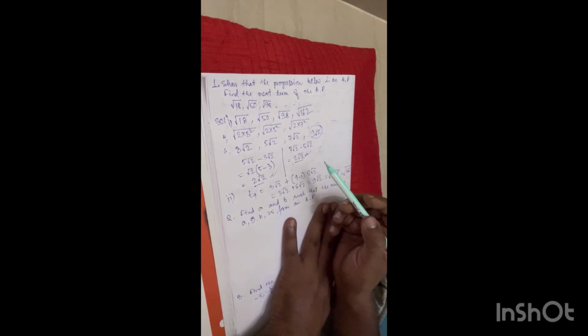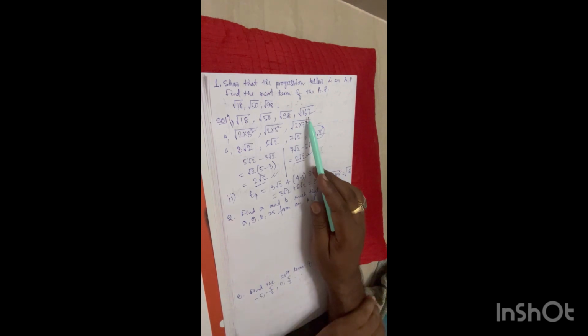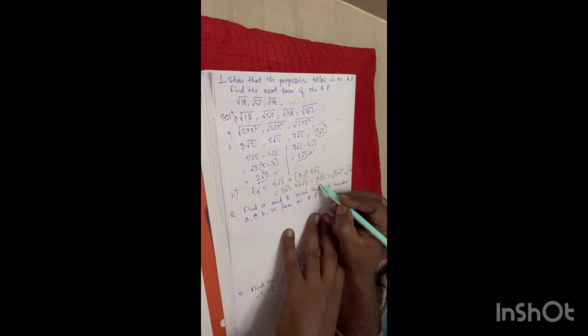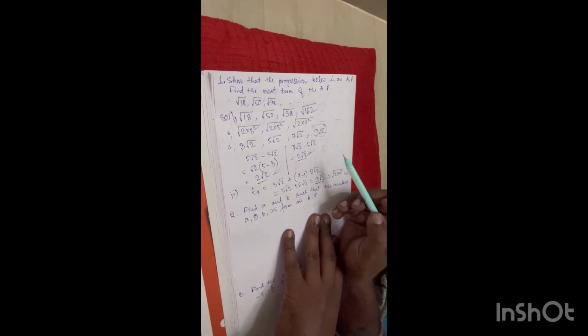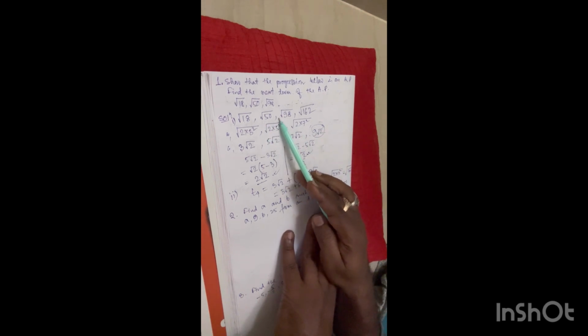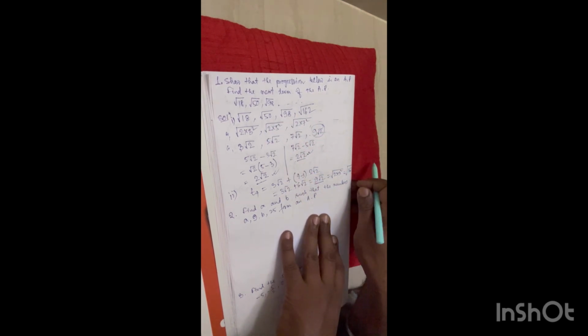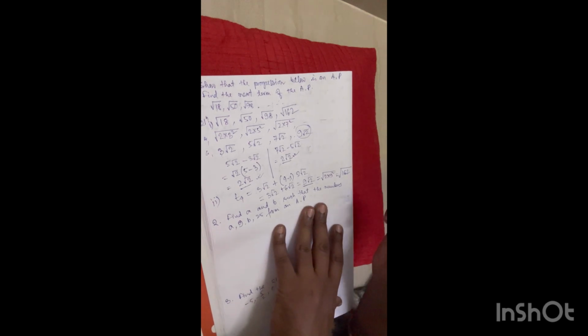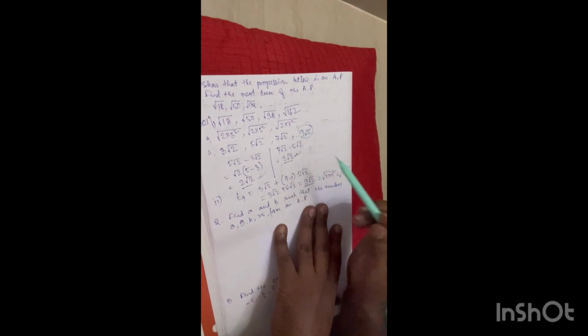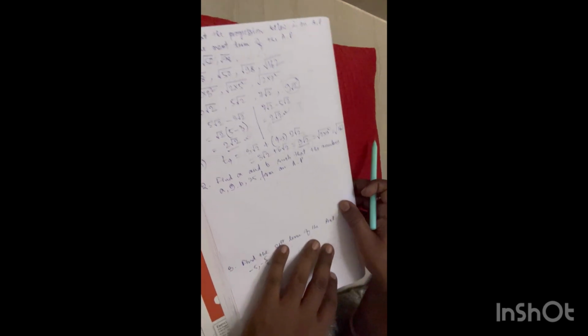That will be the correct way of writing the terms. You should not keep it in the other form, because the result needs to be in the same form as the series has given. So you always have to be very perfect while computing the results. Okay, so this is your first problem.